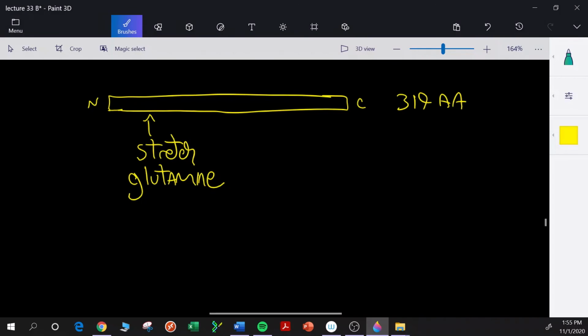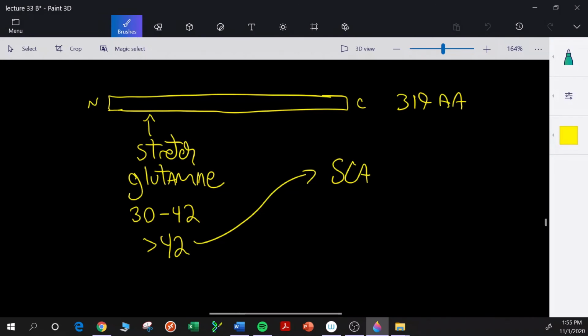The normal range for a functional TATA binding protein, TBP, is 30 to 42 glutamines in that region. If we go above 42, that's when the disease SCA17 starts.